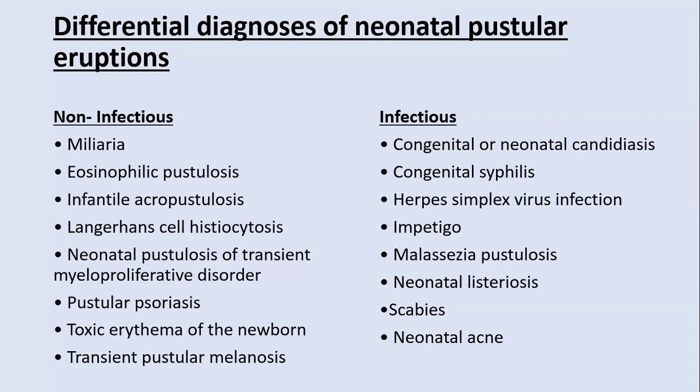The infectious causes I will be discussing in the next lecture from the same chapter. And the infectious causes include the congenital or neonatal candidiosis, congenital syphilis, herpes simplex, impetigo, malassezia pustulosa, neonatal listeriosis, scabies, and neonatal acne.